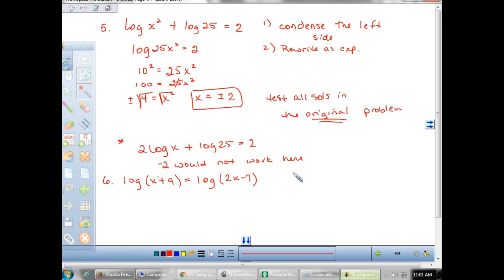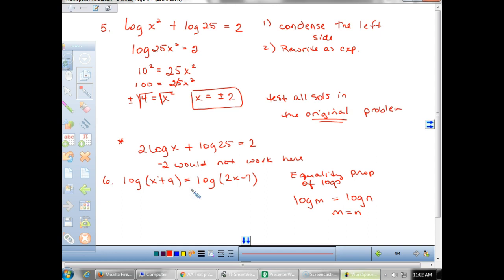It's basically because of something called the equality property of logs, which basically says if you have log of m and it's equal to log of n, what do you think is true? M equals n. So like I said, these are really easy once you get them condensed to log equal log.